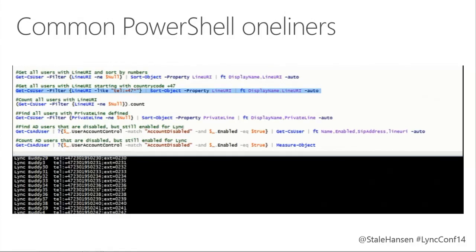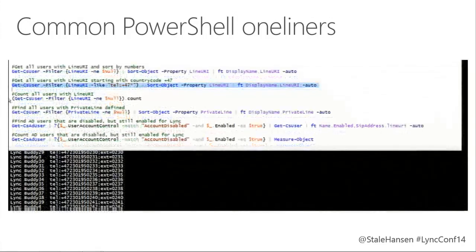Because if you only do Get-CsUser and pipe it into a new object, you will take your entire deployment of users, even though they have a number or not, and pipe it into the next commandlet. And in large organizations, it could be quite intensive to do this. So that's just a tip.